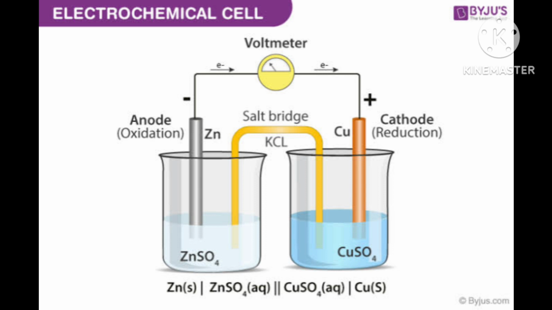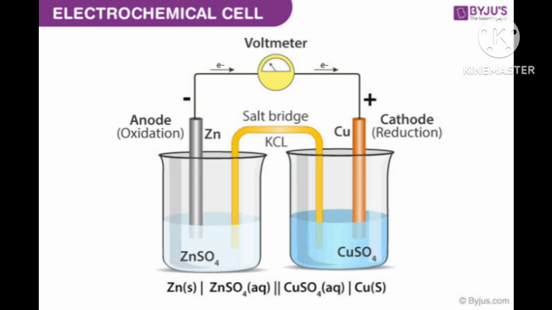That's why it is called oxidation potential. And on the cathode side reduction is going on. Then that potential is called reduction potential, because reduction is going on. Then you know that the value of oxidation potential and reduction potential will be equal.